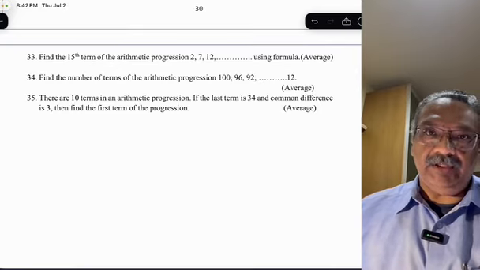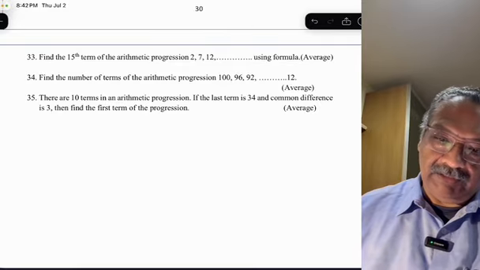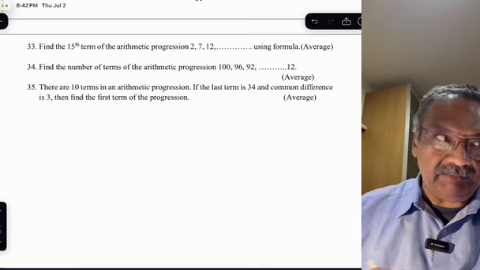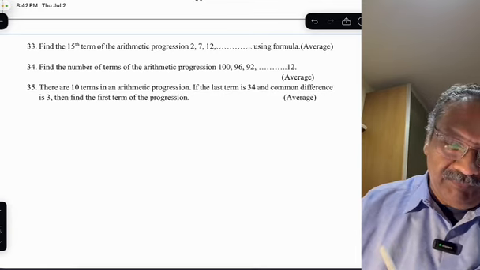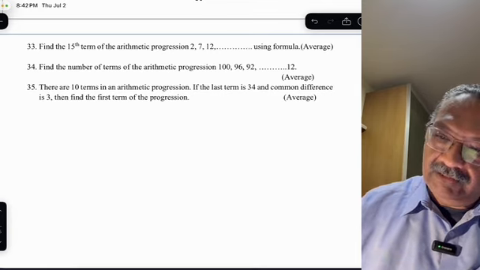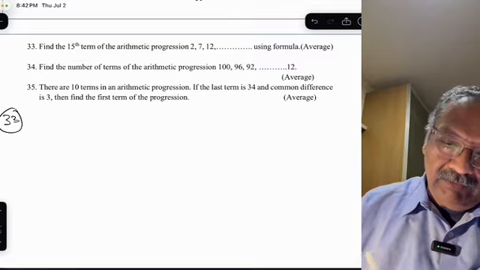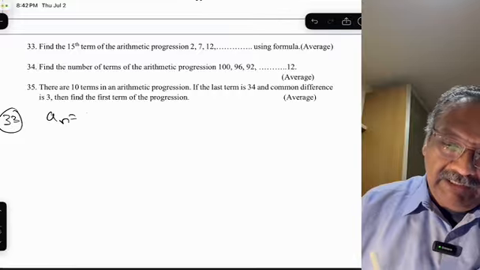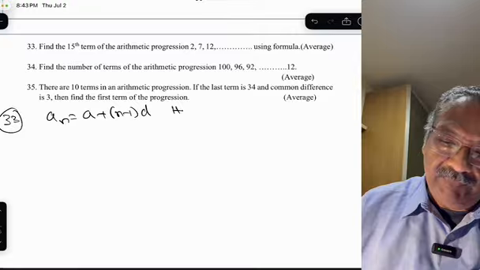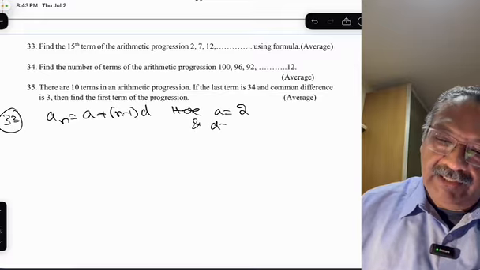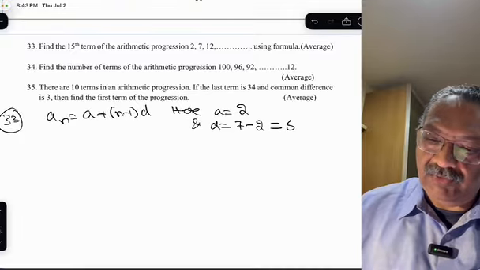Now, let us come to the 2 mark questions. The 33rd question. Find the 15th term of the arithmetic progression using formula. They want the 15th term. So, question number 33. 15th term formula, an is equal to a plus (n minus 1) into d. Here a, the first term, is 2 and d is equal to second term minus first term, that is 7 minus 2 is 5.